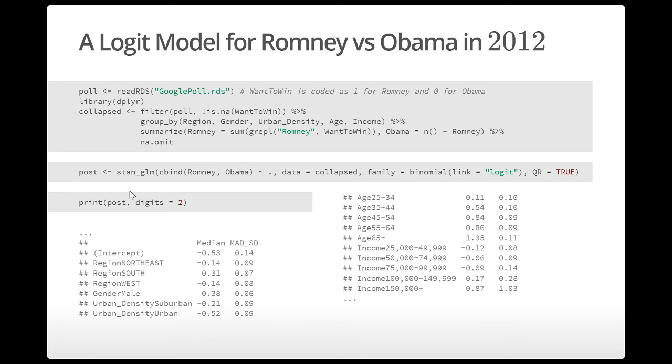When all of your variables are categorical factors, it can be much faster in Stan and other programs as well if you collapse them and use the binomial likelihood rather than the Bernoulli likelihood.